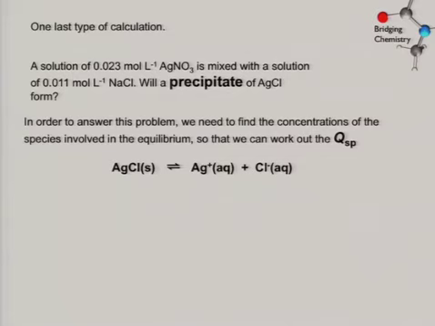This has got the silver chloride as being the reactant and the ions as being the products. Whereas in the reaction we're talking about at the moment, the ions are the reactants, and we're mixing those together to potentially make the solid as the product.